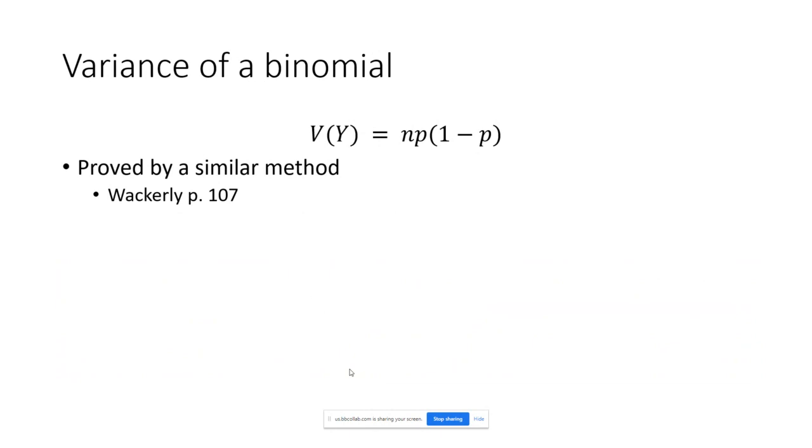And this is proved by a similar method to how we proved the expected value of a binomial distribution. And if you want to read that proof, it's on page 107 of Wackerly.